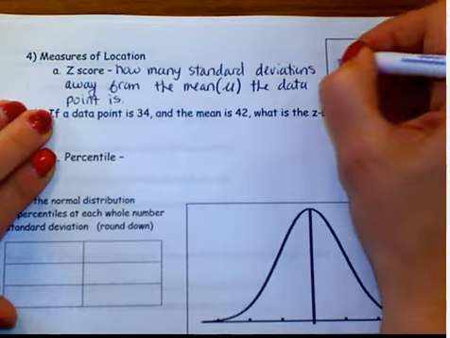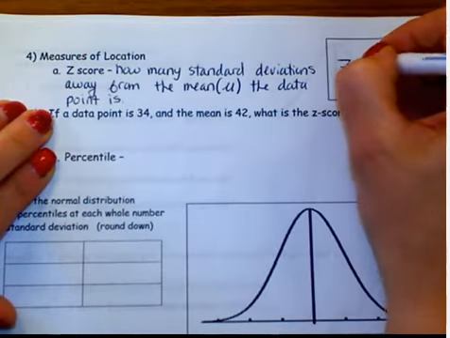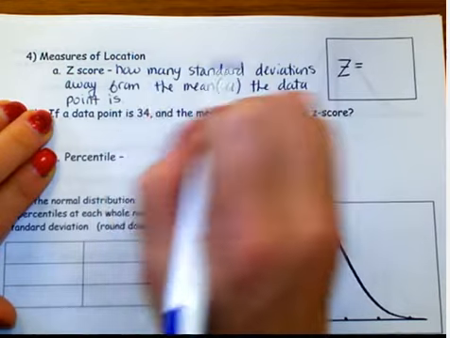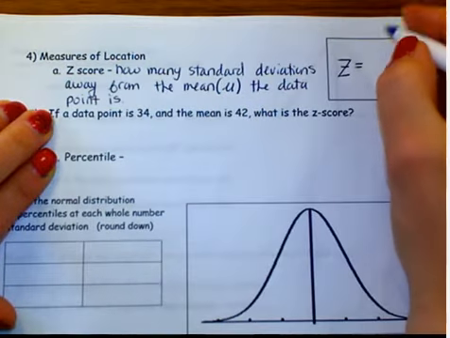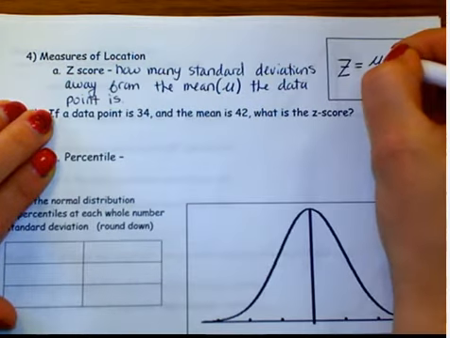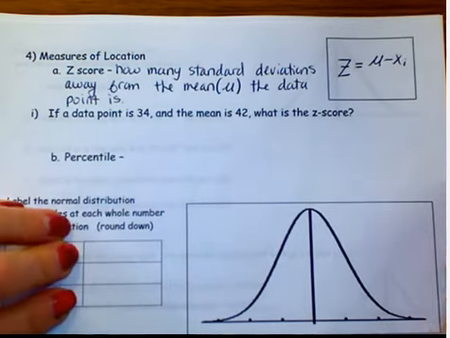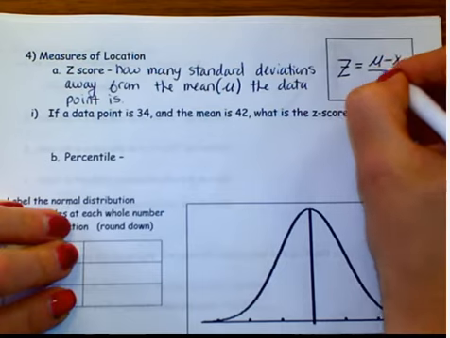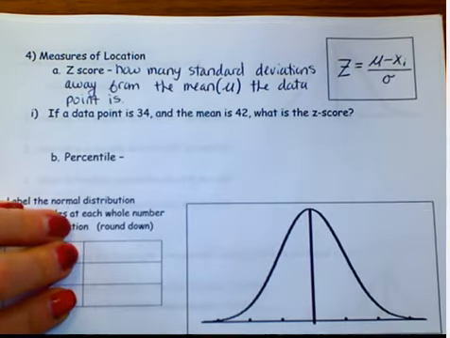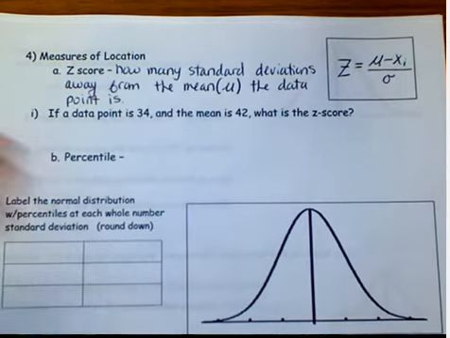Let's see if we can write our formula. So z equals how far from the mean? So distance from the mean, subtraction, in terms of standard deviations.